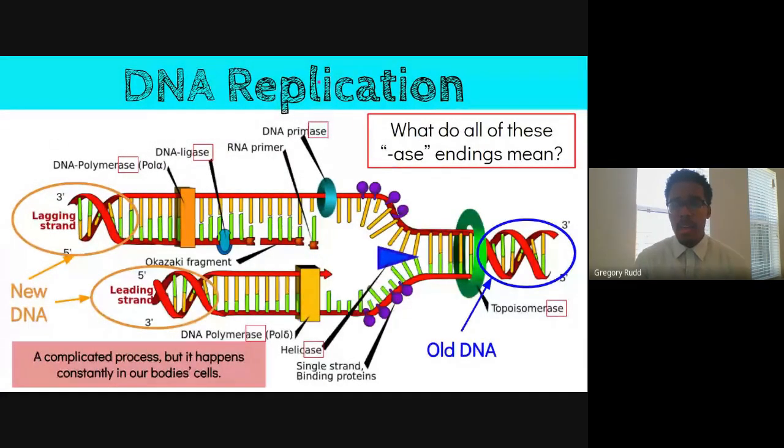Excellent, Jaden. So ASE represents enzymes. So all of these ASE endings that we're seeing, DNA primase, DNA ligase, DNA polymerase, helicase, topoisomerase, they all end in ASE because they are all enzymes.